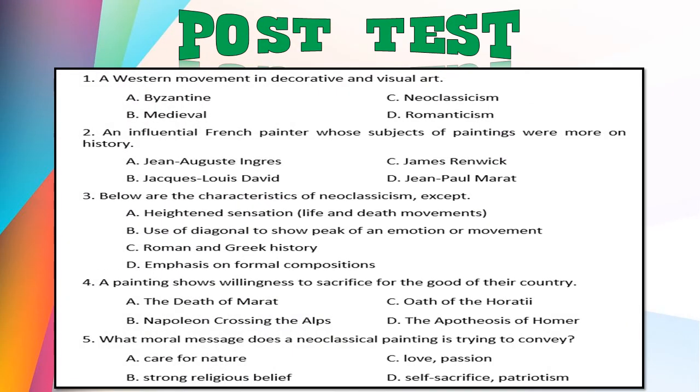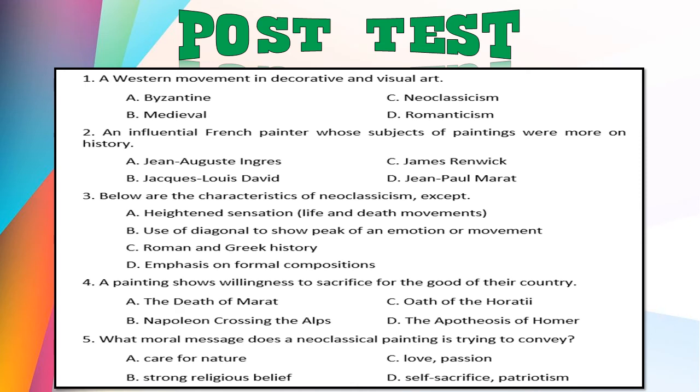The last part is the post test. You're going to answer the following questions by writing the correct letter in your answer sheet. First one, a Western movement in decorative and visual art. A. Byzantine. B. Medieval. C. Neoclassicism. D. Romanticism. Number 2. An influential French painter whose subjects of paintings were more on history.